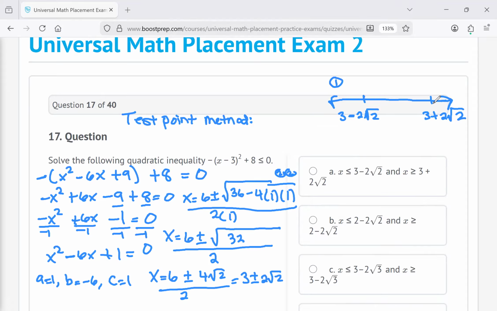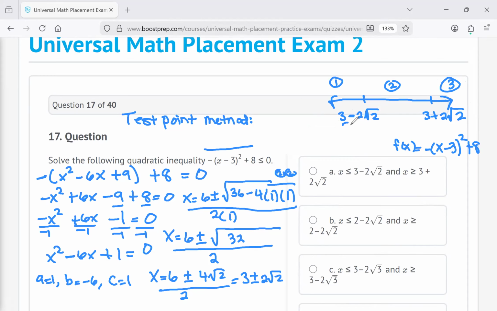Okay, and then what we're going to do is put it into f of x, and f of x is technically this. So I need a number in region one, I need a number smaller than 3 minus 2 radical 2.